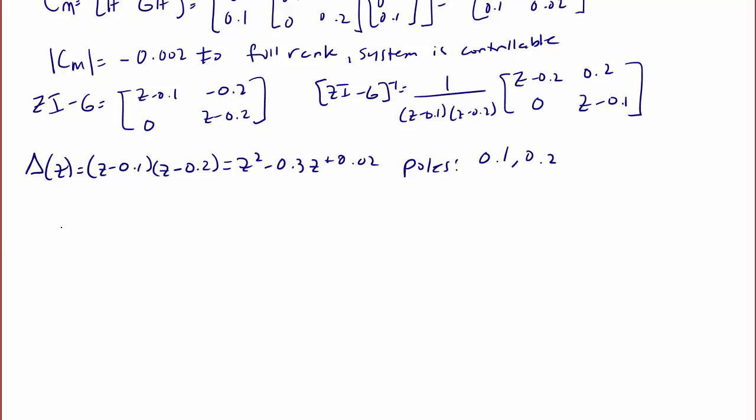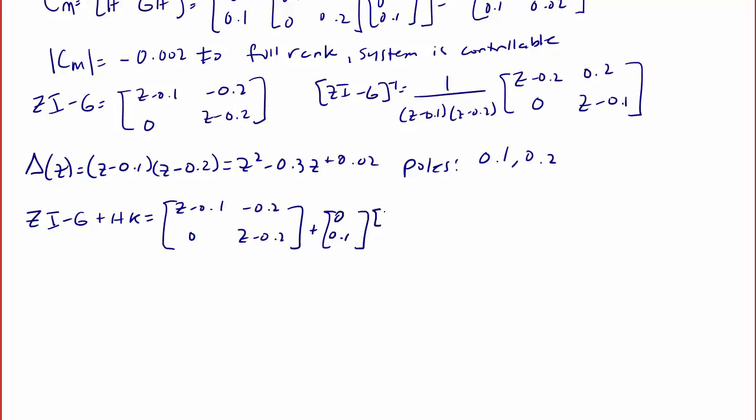So first we need to find the characteristic equation for our state variable feedback. We do this by finding zI minus G plus HK. We already have zI minus G, so this is going to be [z minus 0.1, negative 0.2; 0, z minus 0.2] plus H, which is [0; 0.1], times K, which is [K1, K2].